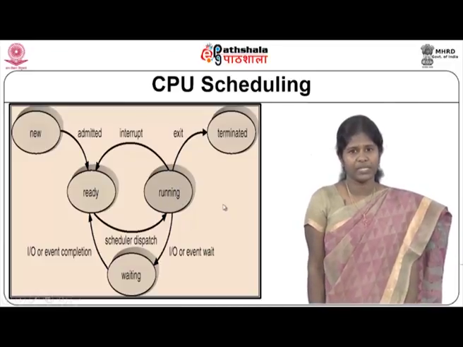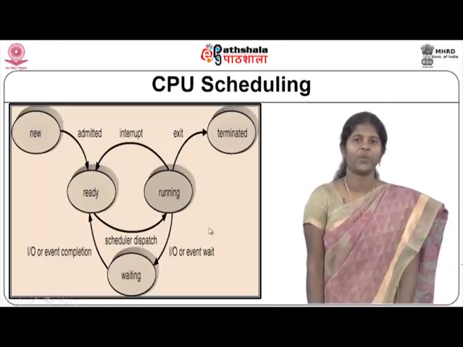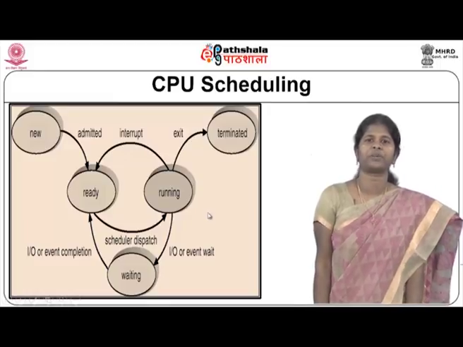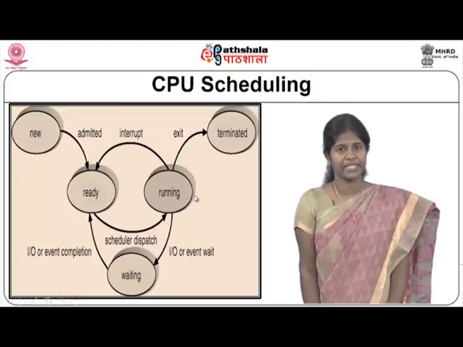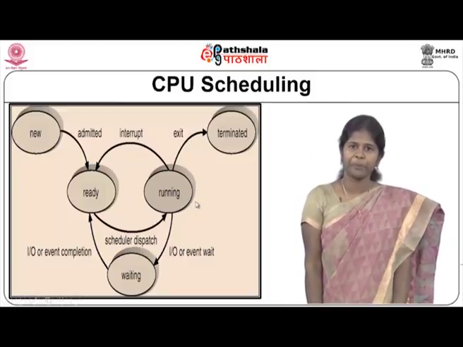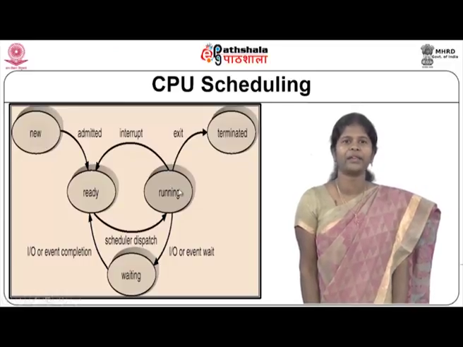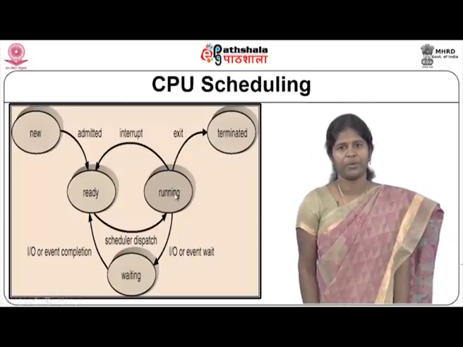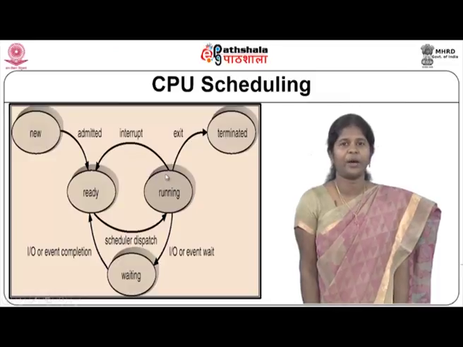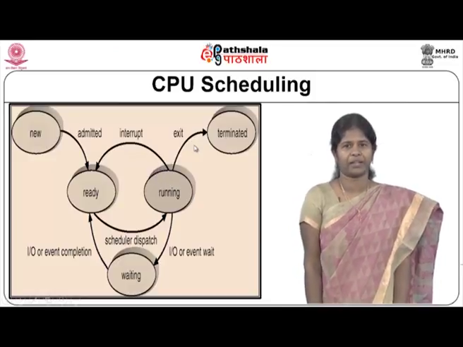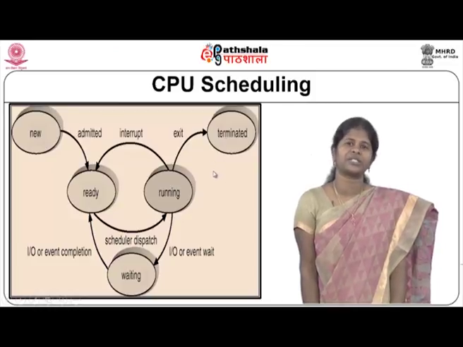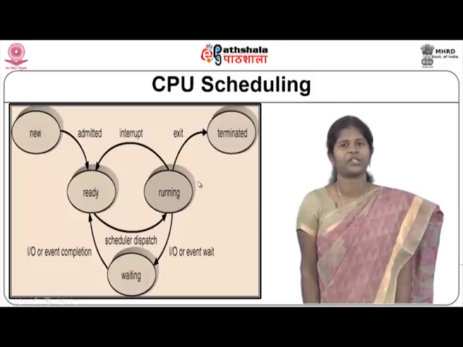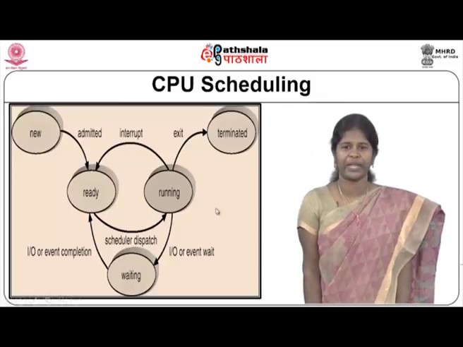So there are certain instances when the process is forcibly removed from the CPU and certain instances when the process by itself relinquishes the CPU. Whenever a process is forcibly removed from the CPU, it is called a preemptive scheduling algorithm. And when the process by itself relinquishes the CPU without any force, it is called a non-preemptive scheduling algorithm.